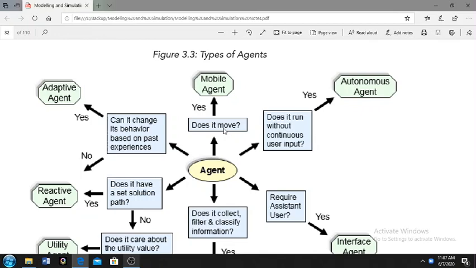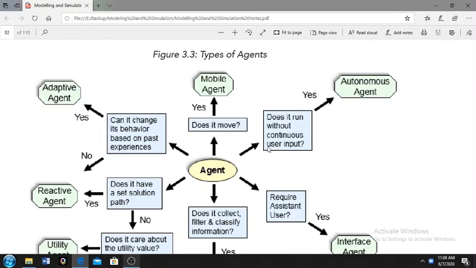Now autonomous, they run without continuous input. When you can run without continuous input, like someone instructing you what to do, then you are not autonomous.